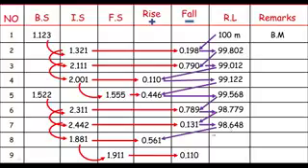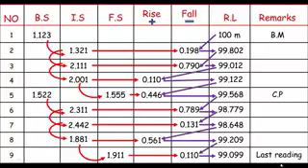Here again we have a rise, so the old RL plus the rise will be of course 99.209. And again we have a fall, so 99.209 minus 0.110 is of course 99.099. Hey, I just forgot in the remarks the CP or the chain point, and this is the last reading.